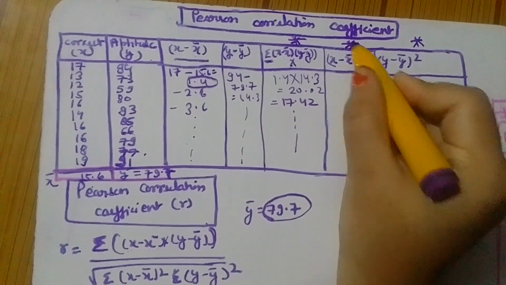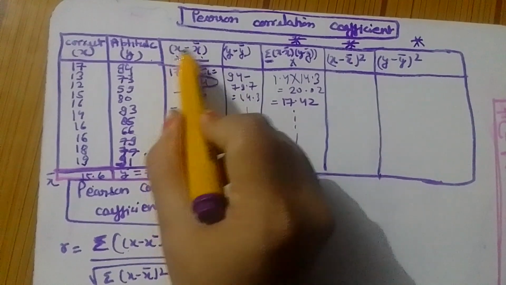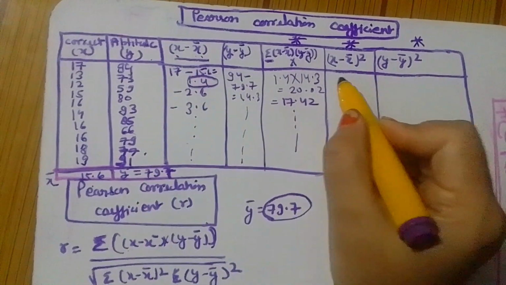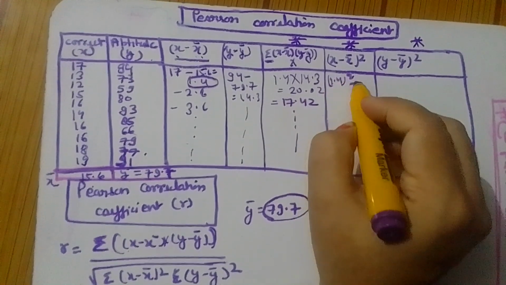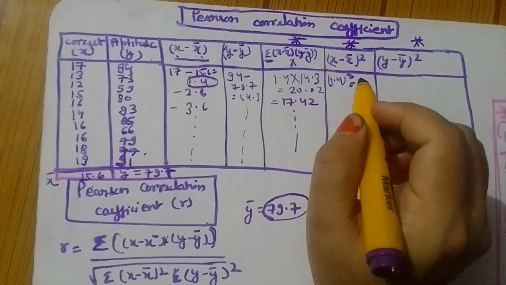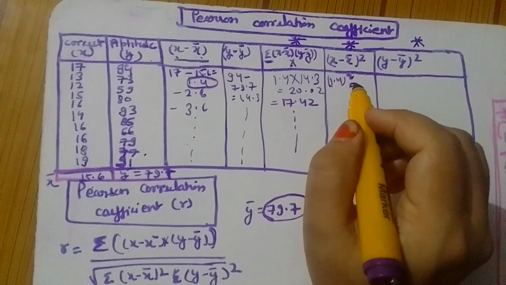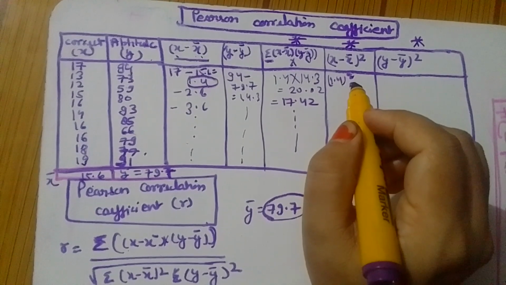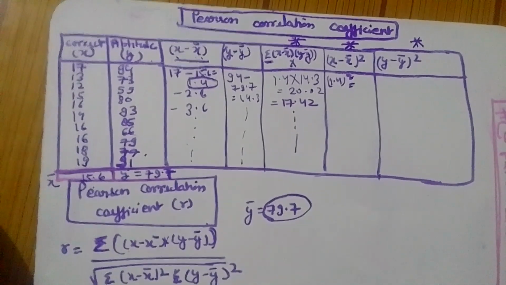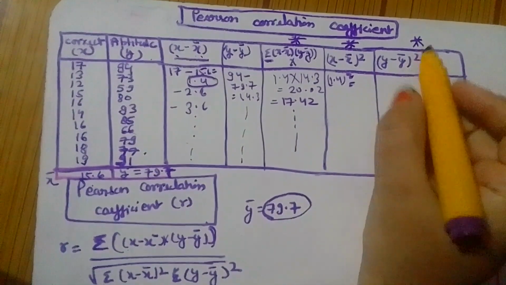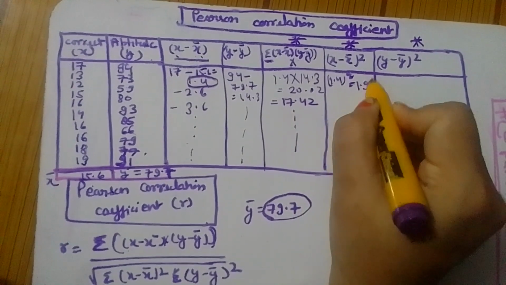And the same way, x minus x bar whole square. So this is the thing, x minus x bar, the whole square. When we do 1.4 whole square, how much would it come? 1.4 multiply 1.4, it would come approximately 1.96.